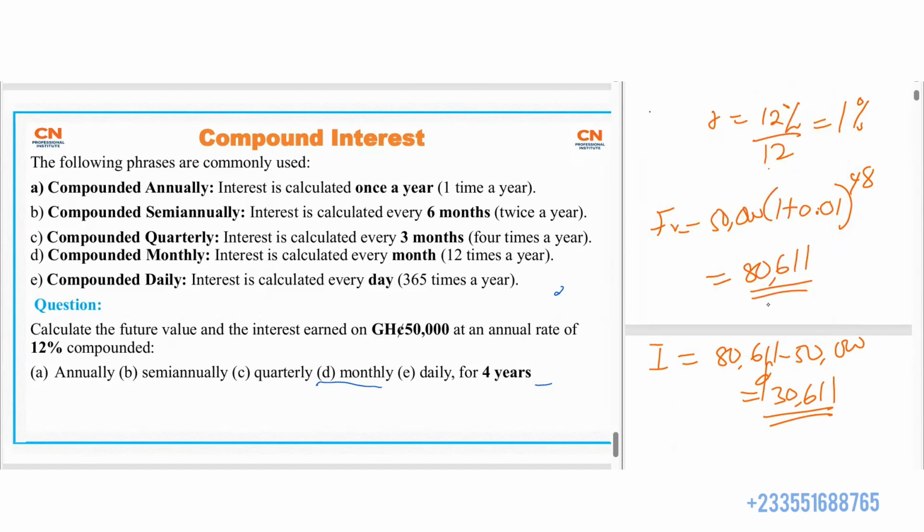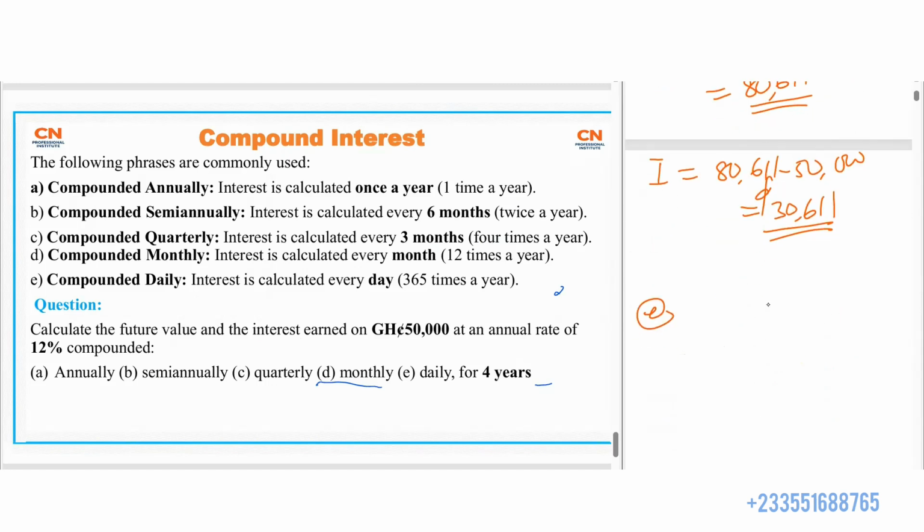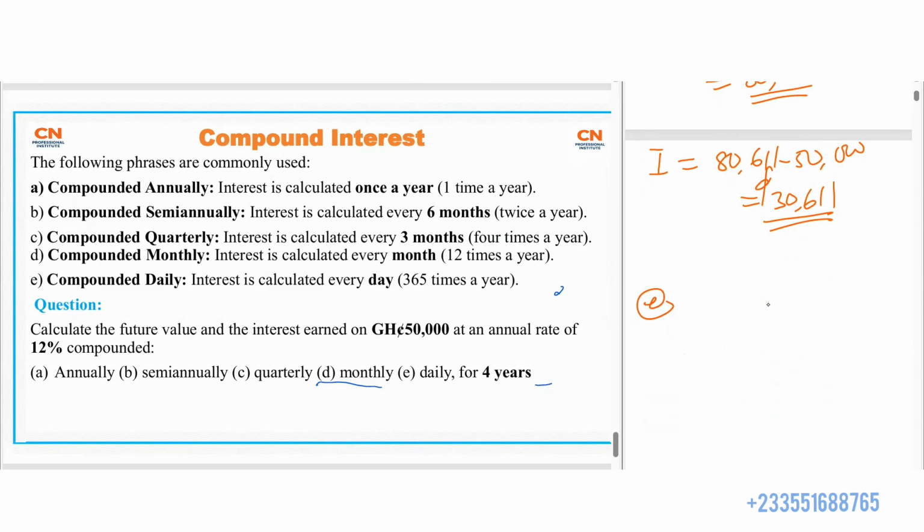You have to do the one in the bracket first. So 1 plus 0.01 will give us 1.01. Then you raise it to the power 48. When you get the answer, you can multiply by the 50,000, or you can punch everything on your calculator straightforward.